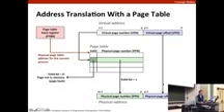The physical page offset portion of the physical address comes out of the virtual page offset, and those bits are identical. So you should convince yourself that this is true, right? The offset in a virtual block is going to be the same as the offset in a physical block. They're the same size blocks.